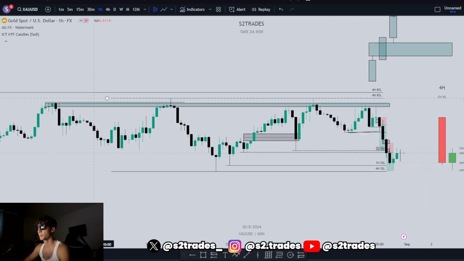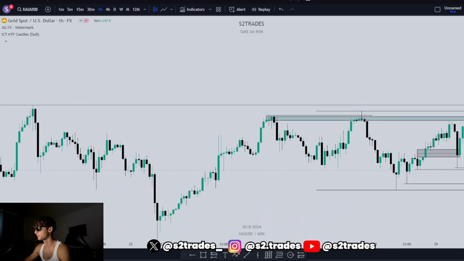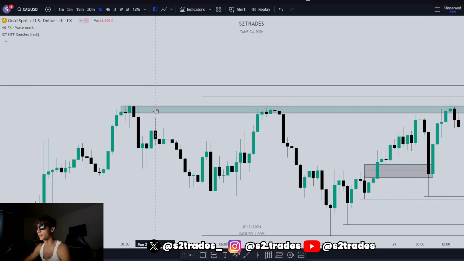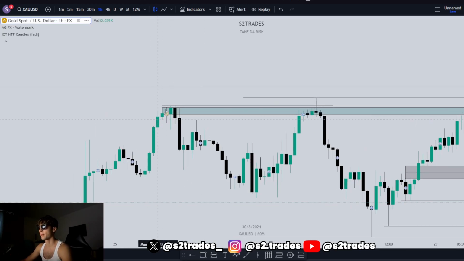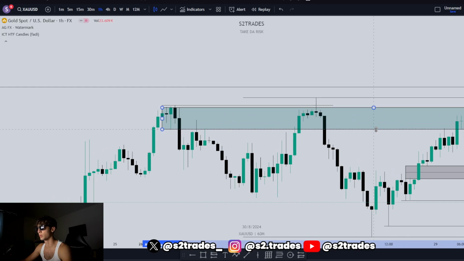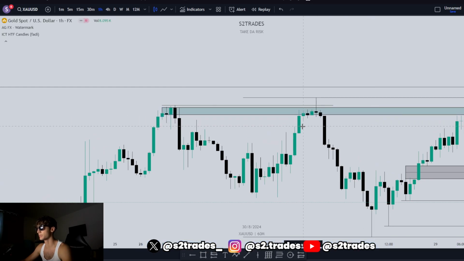Thirdly, order blocks. Order blocks are basically the candle previous to a big move in the opposite direction. Over here, this green candle is an order block. Actually, this whole candle would be an order block, but I like to do just the bodies.